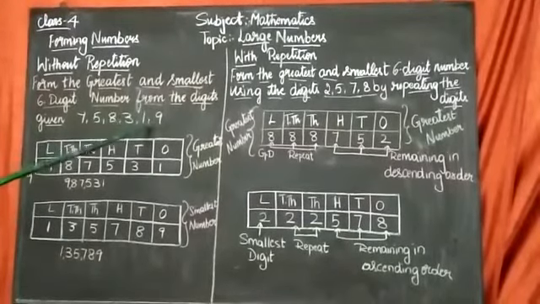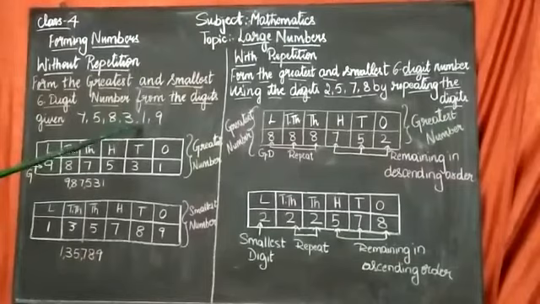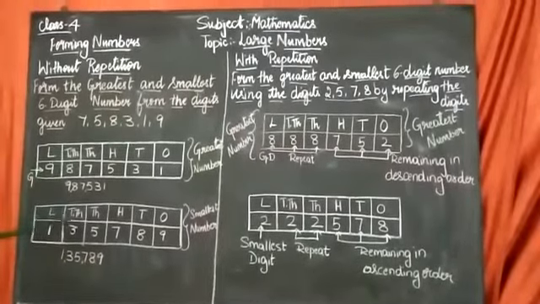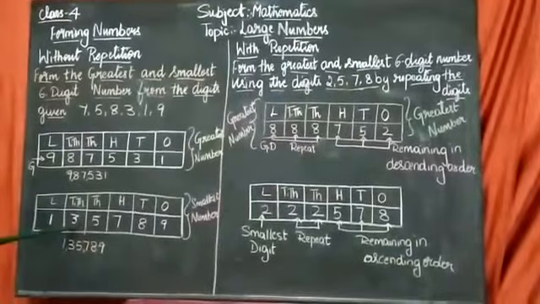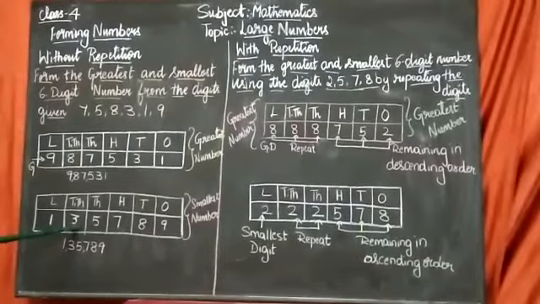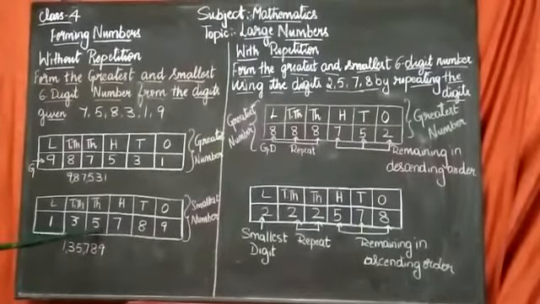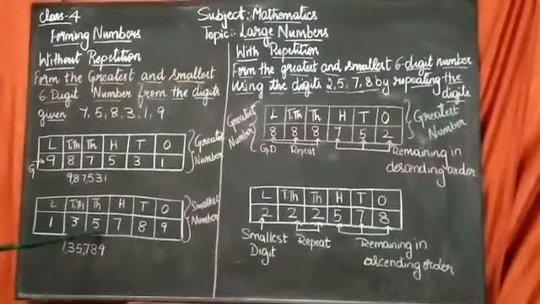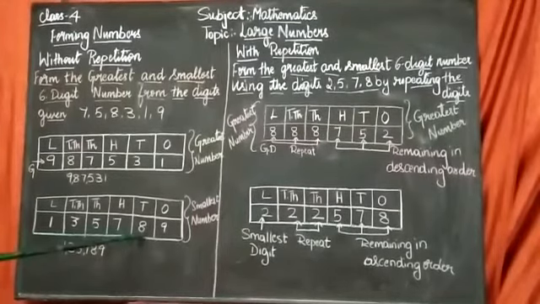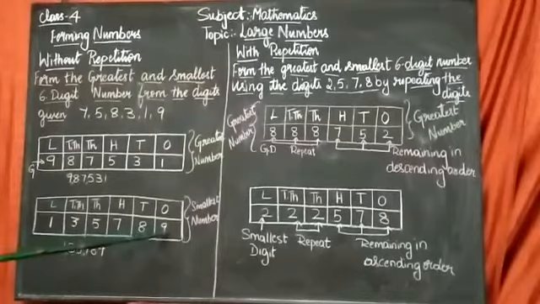Then again, after 1, 2 comes, but 2 is not here. Then 3, because 1 is smaller than 3. So next 3. After 3, 5, because 3 is smaller than 5. And again 5 is smaller than 7, 7 is smaller than 8, and 8 is smaller than 9.